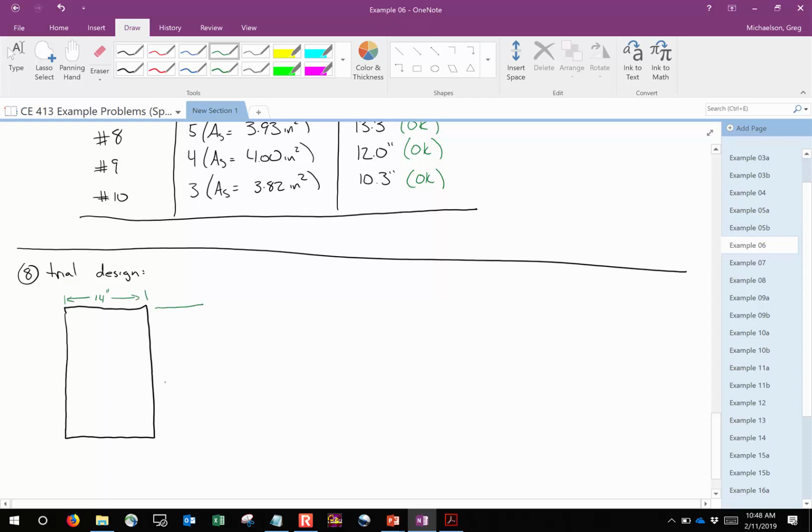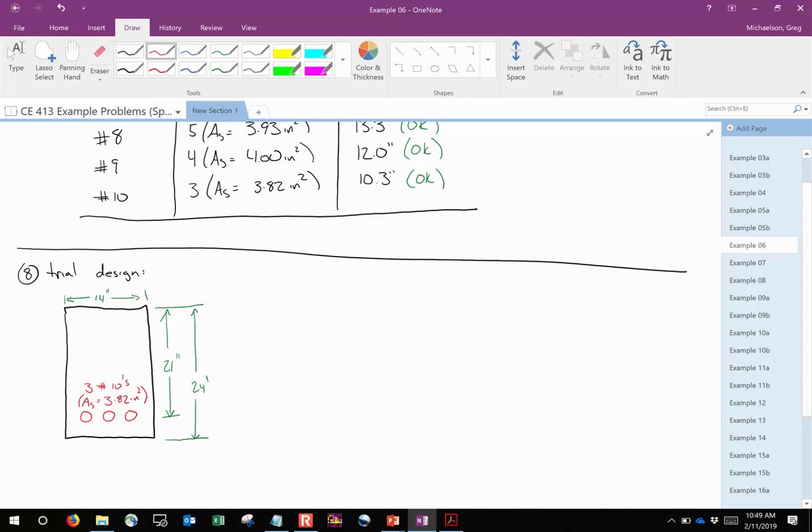It is ultimately 24 inches tall, but it has a 21-inch effective depth. And then the reinforcement pattern that we chose was 3 number 10s. And so the area of steel was 3.82 square inches. What do you think?